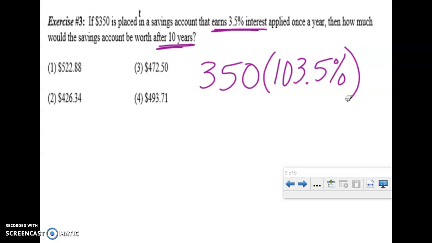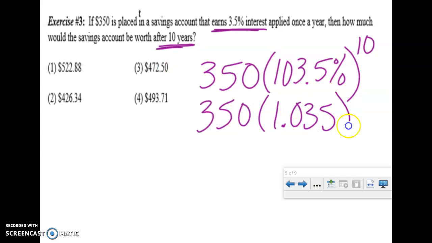Now, how do we show this for 10 years? The only spot that we have left is the exponent. So that's going to show us multiplying by that number 10 times. But before I do that, you know that we have to change this to a decimal. So move that decimal point 2 times to the left, raise it up to the 10th power.